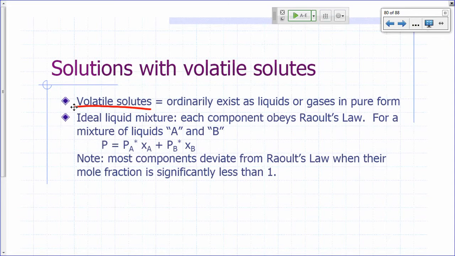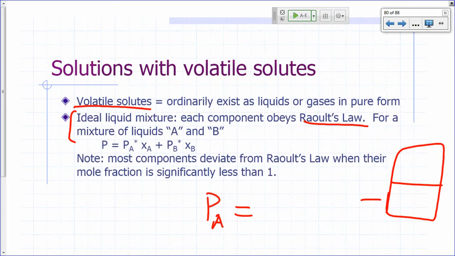Now, for example, let's take a look at a mixture of two liquids. We can define what's called an ideal liquid mixture as one where both components of your mixture obey Raoult's law. If you remember Raoult's law, if A is a component of my mixture, like my solvent, the partial pressure or the vapor pressure of A that would be in equilibrium with my mixture, so if I have liquid right here, a mixture of A and B, in the gas I also have A and B since A and B are both volatile, right?